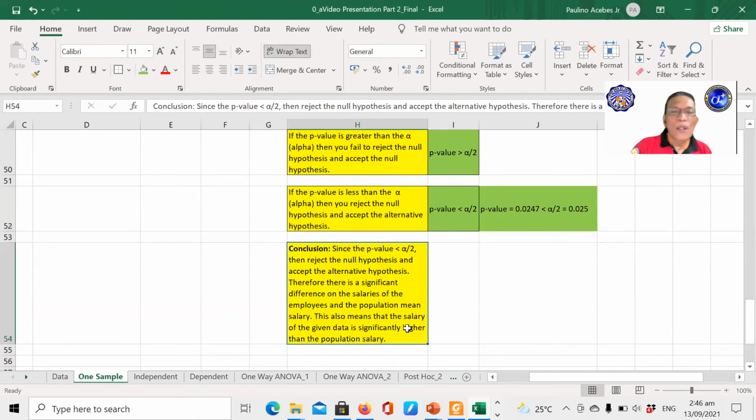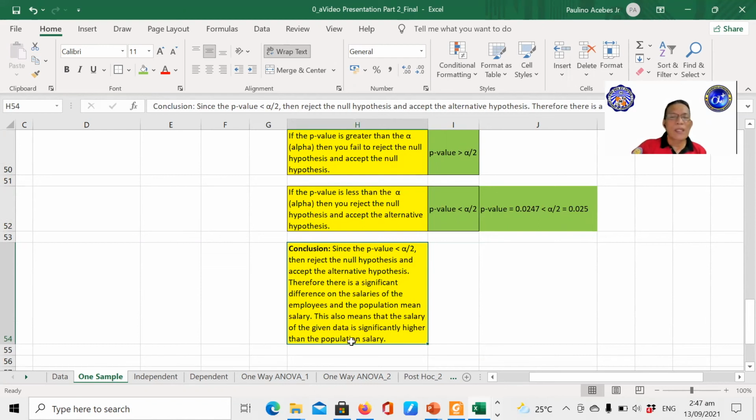So what are we going to do? Our conclusion here: since the p-value is less than alpha over 2, then reject the null hypothesis and accept the alternative hypothesis. Therefore, there is a significant difference in the salaries of the employees and the population mean salary.